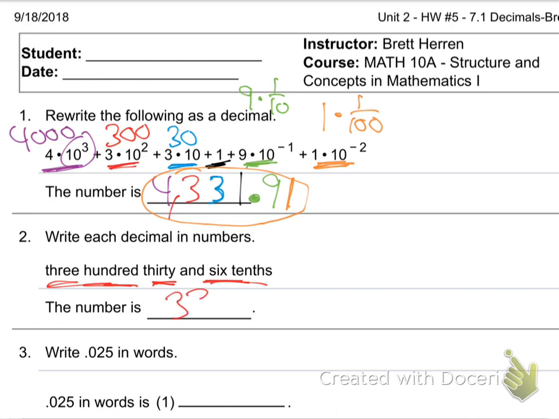So 330 and 6/10. What do I do with that? 0.6, because it's 6 in the tenths place. So there we go. Is that good?